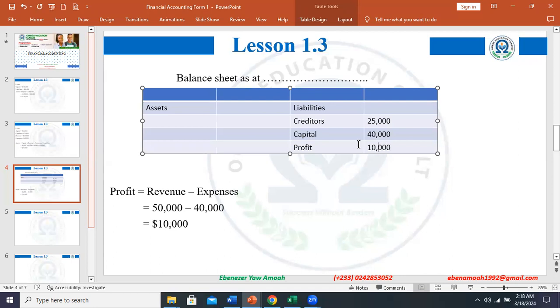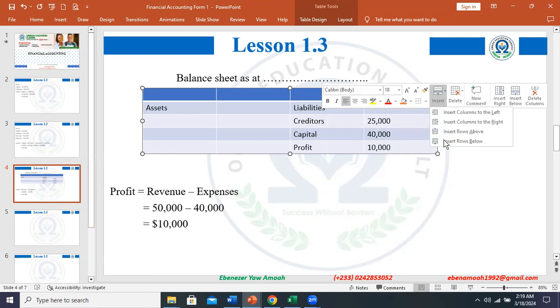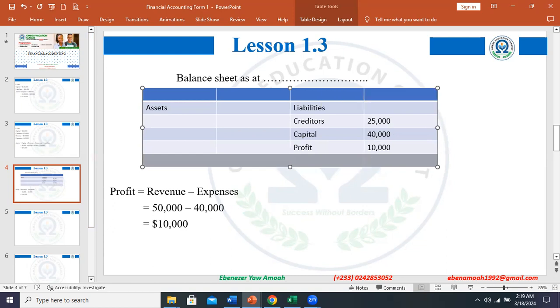Okay. So now you can use the principle of my liabilities and capital should be equal to my assets here. And so when we add the liabilities and capital and the profit, we are going to get a total of 75,000, which should be equal to the assets, 75,000. So this is how possibly you could have used the balance sheet to do that.